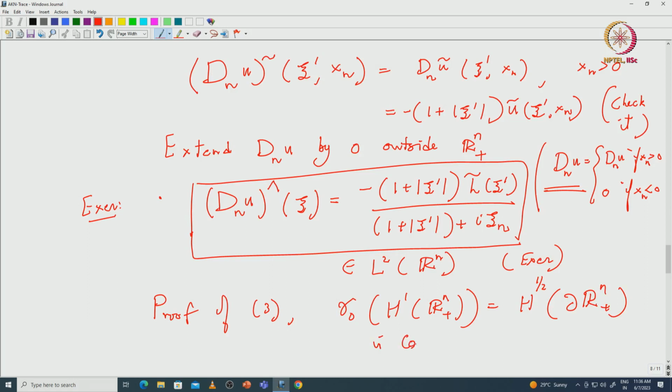The last part of the proof I will come to a little later, soon. But then I want to write down the trace map, more general trace maps. So, remarks, generalization.